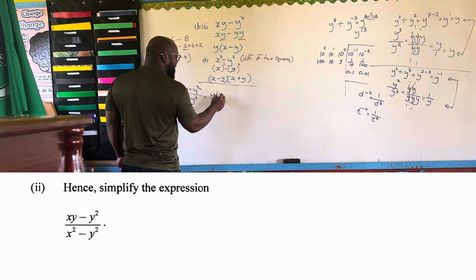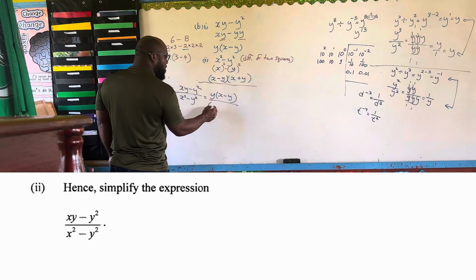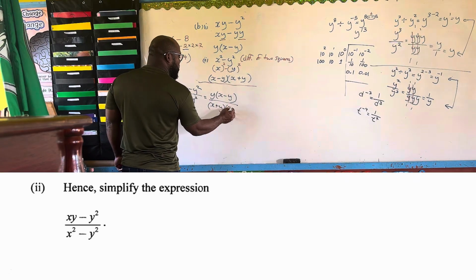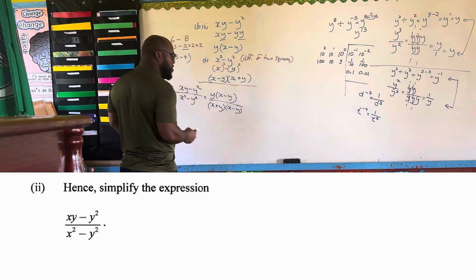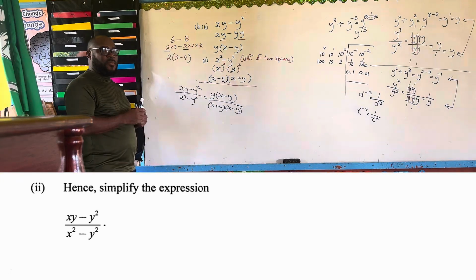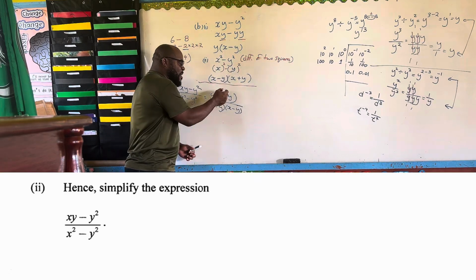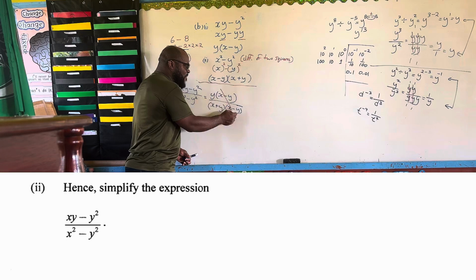So x minus y, and down here is what? Let's put x plus y, x minus y. When they put the x minus y there, so tell me, very good. So you can easily show that they cancel each other. Very good.